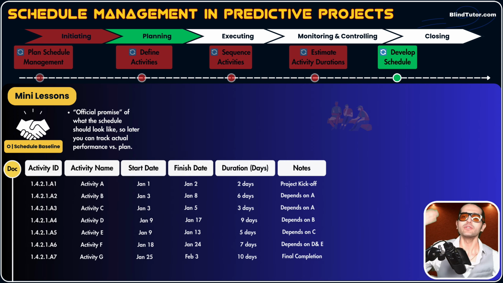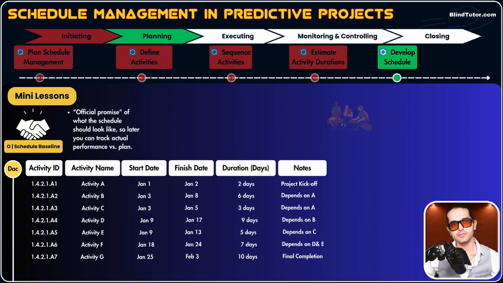We won't have columns like actual start date or actual finish date. We only have one start date and one finish date because this is our promise. Now, this table will be static. We won't change this table, this promise, unless through a formal change control process, guys.